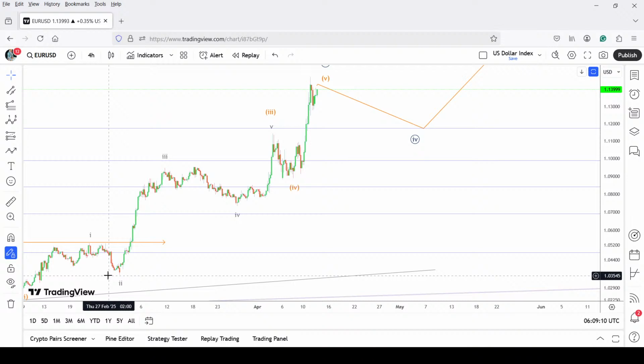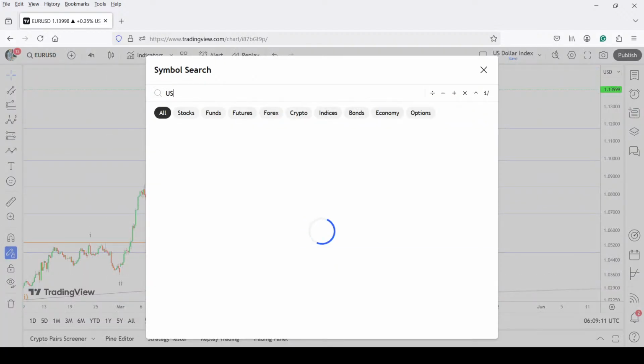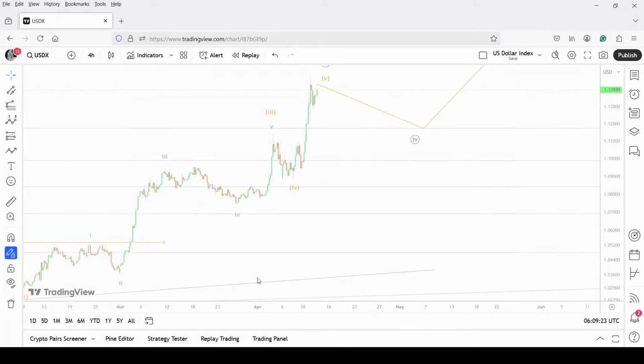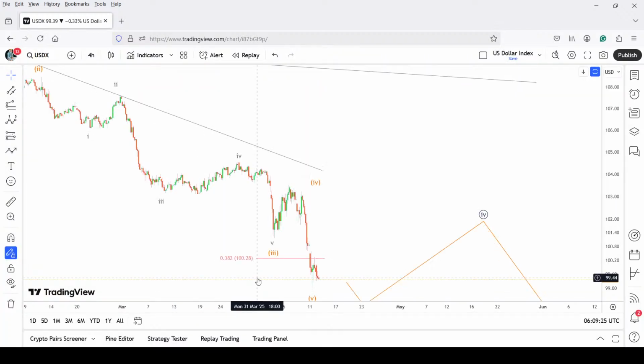Let's begin with the dollar index. All right, that's the 4-hour chart for the dollar index.